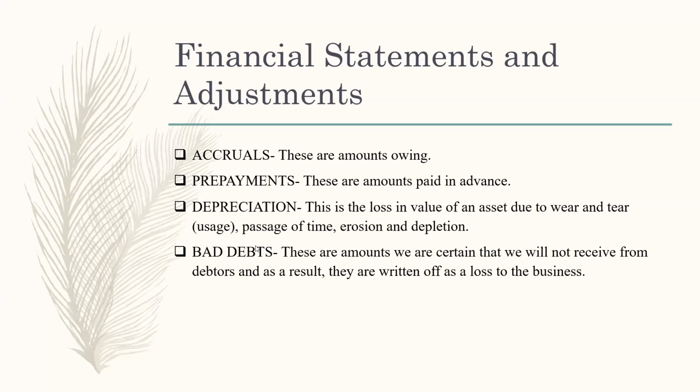We'll also be looking at bad debts. We have some rules of how we're going to account for these different transactions, which we need to understand, appreciate, as well as apply for the exam.